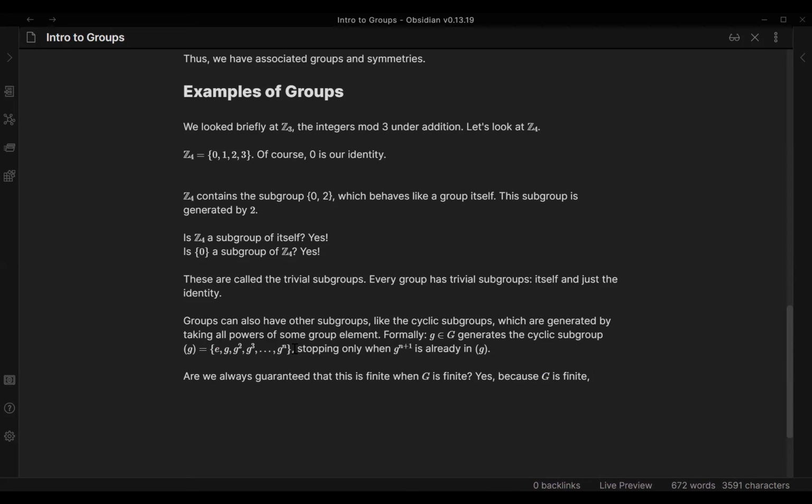you might think of this as like the pigeonhole principle. There are only so many elements in G that g to the n could be. Eventually, one of them has to repeat.